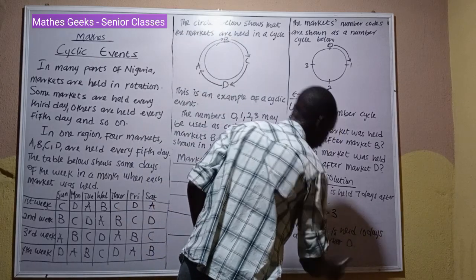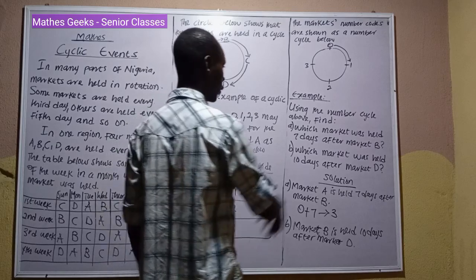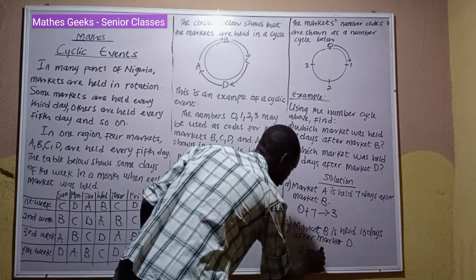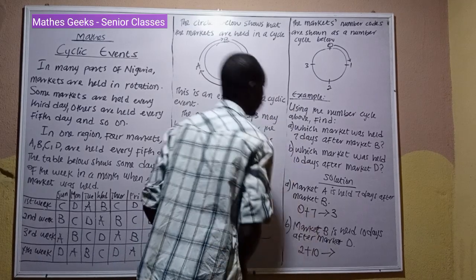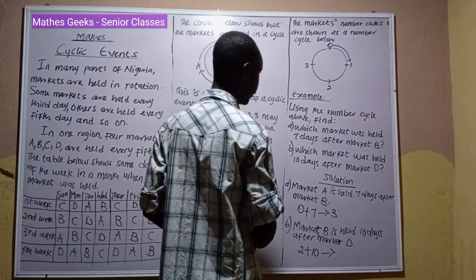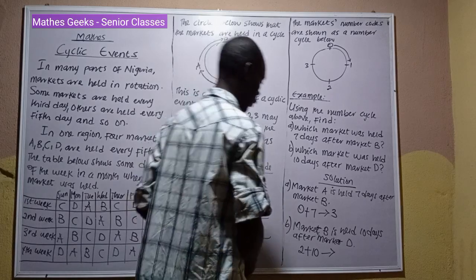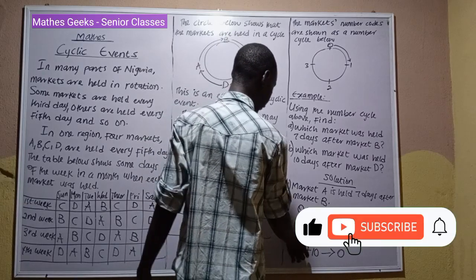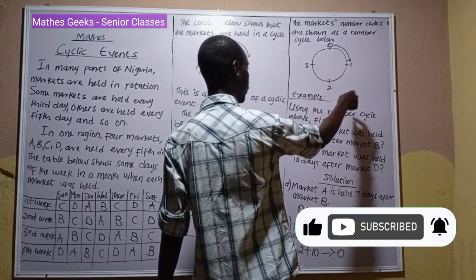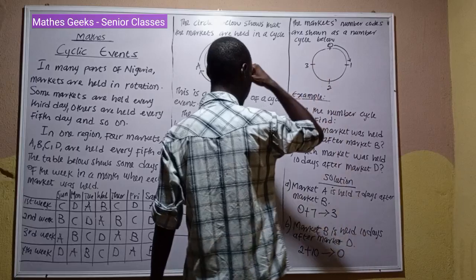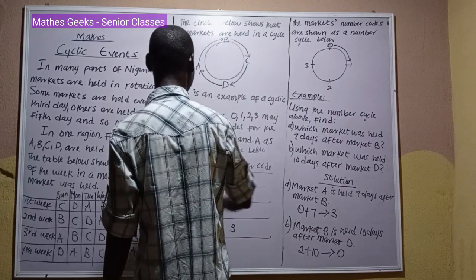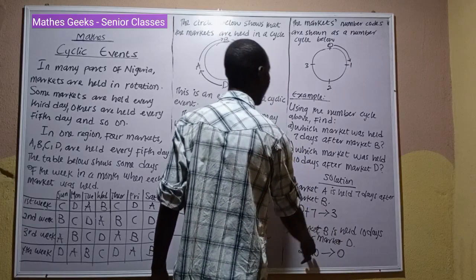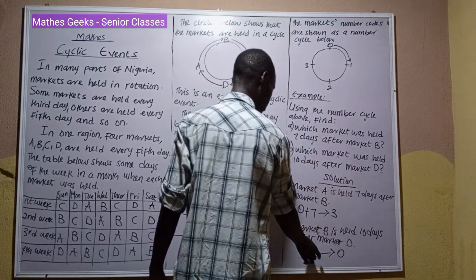So using our number codes, we can also simplify this to say 2 plus 10 modulus is 0. What this implies is that the question says to use the number circle above, and the number circle is the number code for each of the markets. So 2 here represents market D. After 10 days after market D, that's what plus 10 means.